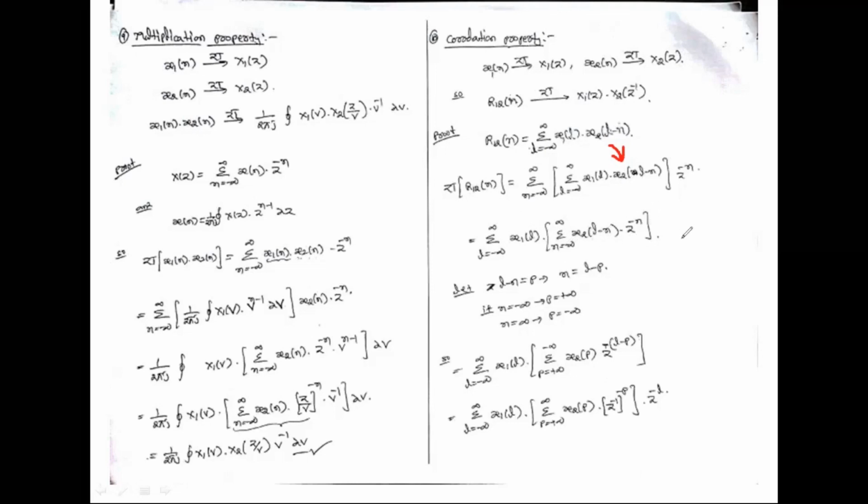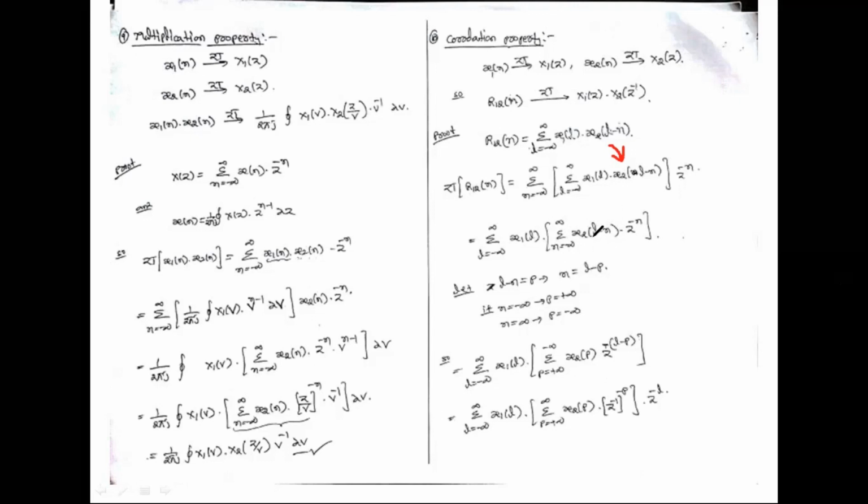Here also you can use one of the properties, the shifting property. How many samples are shifted here? n number of samples.